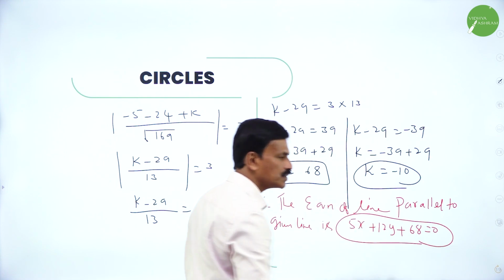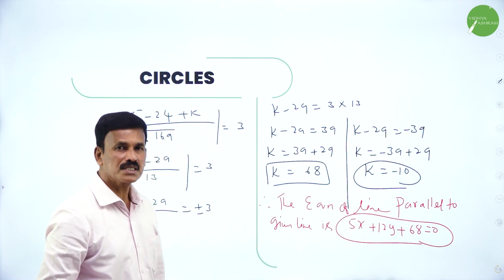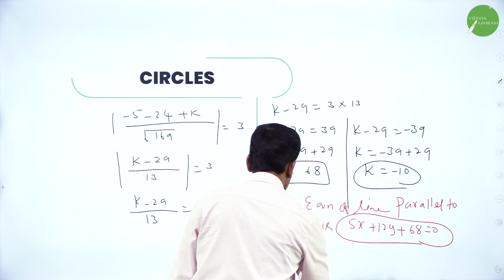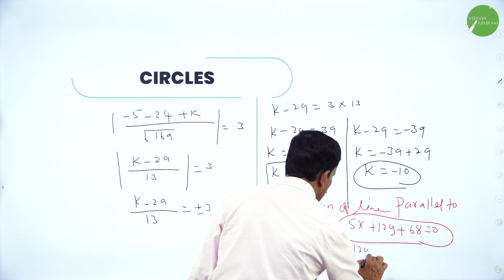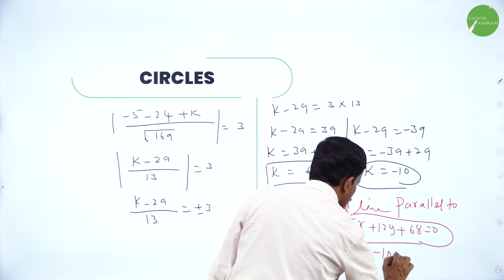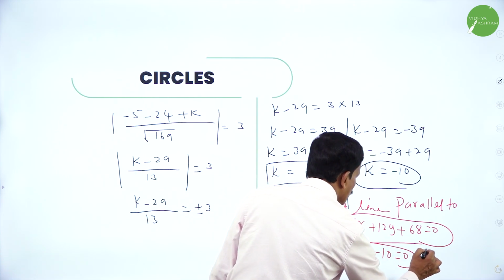This is one equation. 5x plus 12y plus 68 is equal to 0, or another equation is 5x plus 12y minus 10 is equal to 0. This is another line.